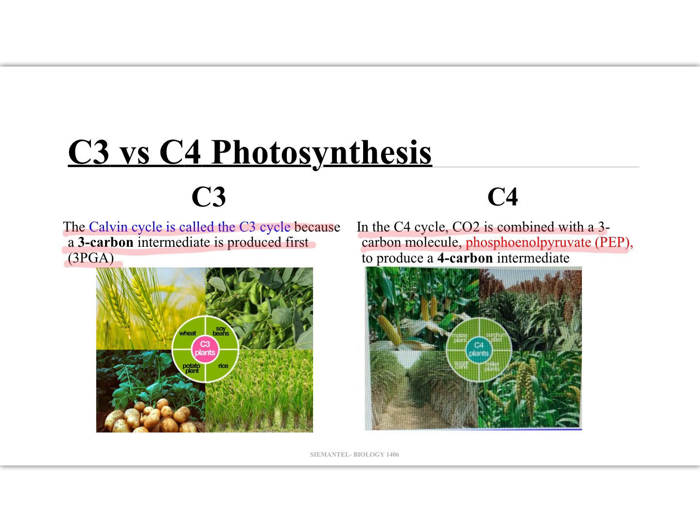So we get the C4 name from the fact that PEP plus CO2 gives us 4 carbons, okay? The other thing about C4 plants is that they use a different form of enzyme, but we will talk more about that in the next slide.